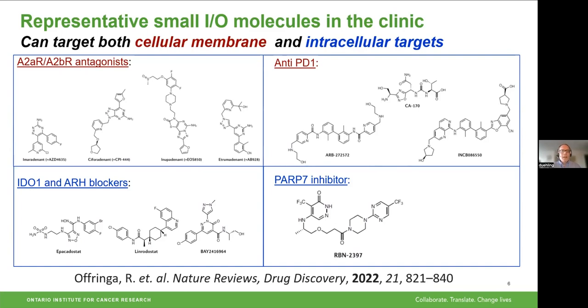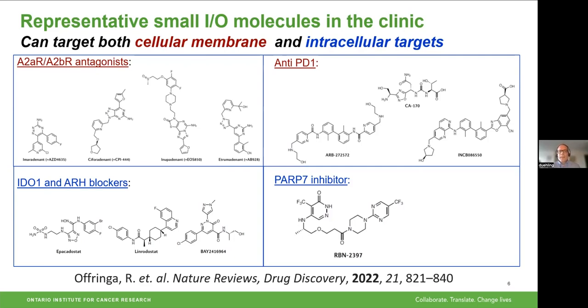And some intracellular targets that have emerged are IDO and AHR, which are targeting the kynurenine pathway, and basically also targeting mechanisms by which tumors lose their sensitivity to the immune system.